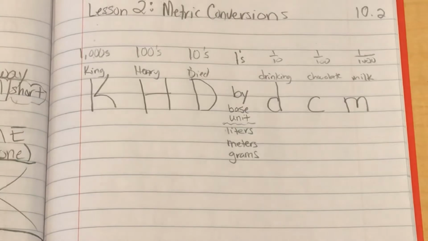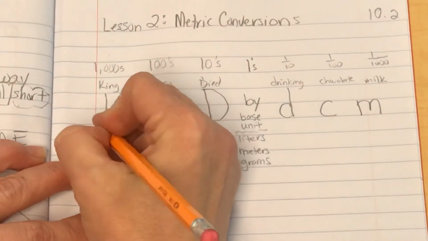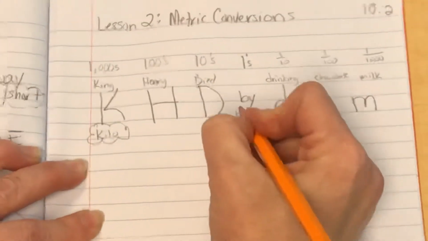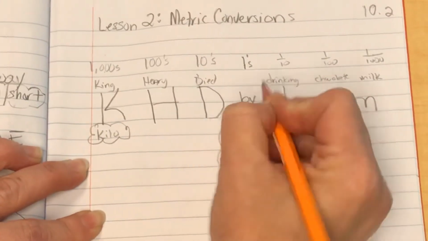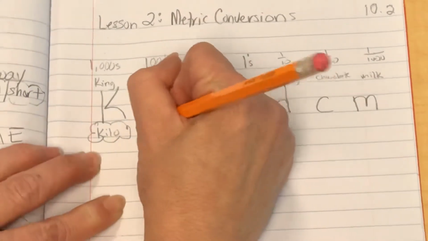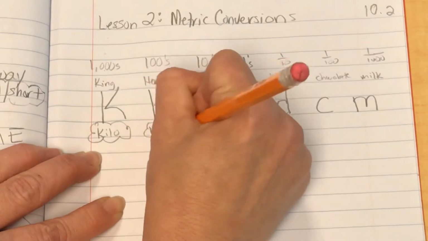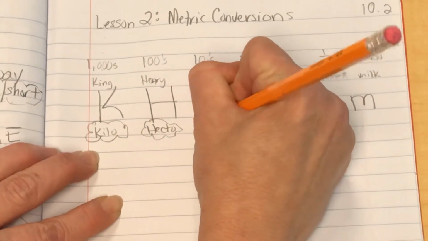So go back to our notes. Okay. This is called kilo. The prefix here is kilo. See if that looks okay right now. Yes. This is called hecto, not hector. Okay, hecto. And this is deca.